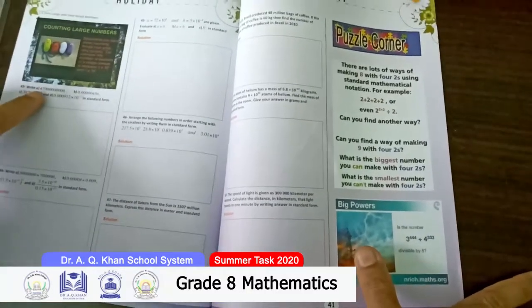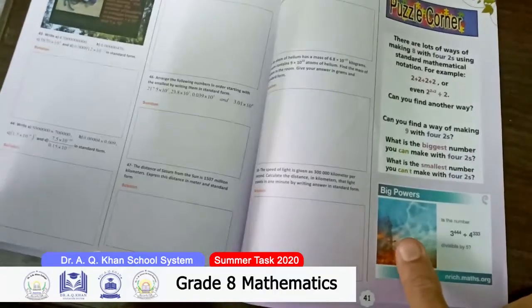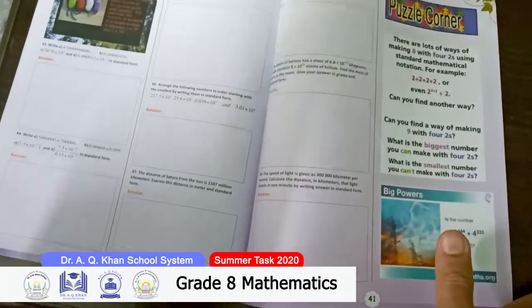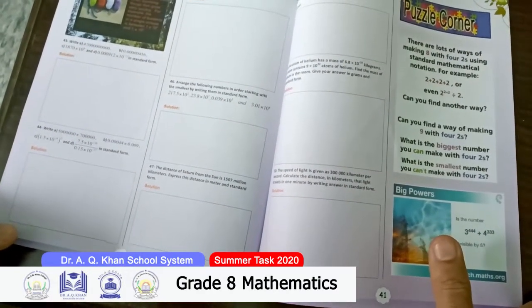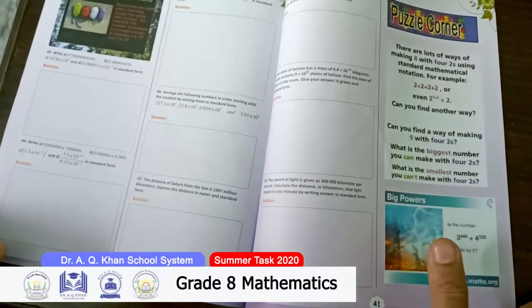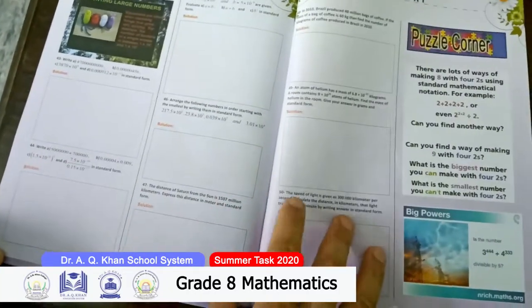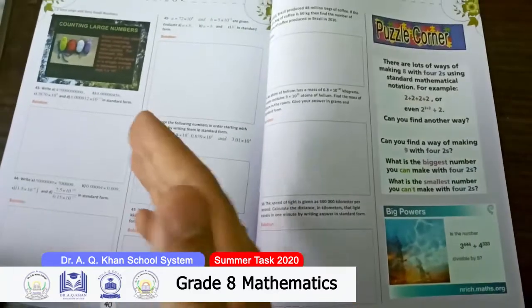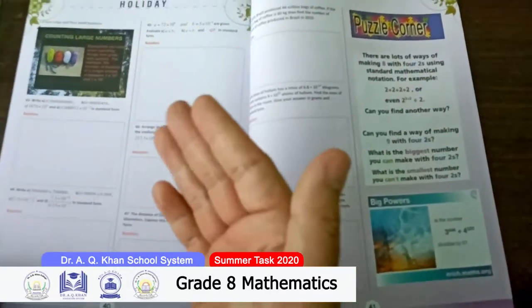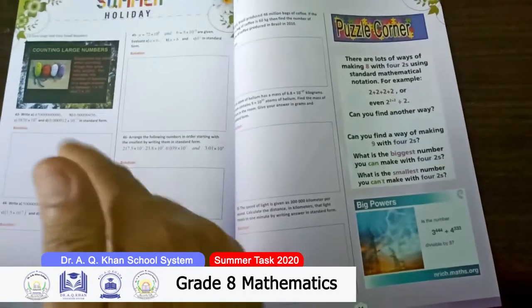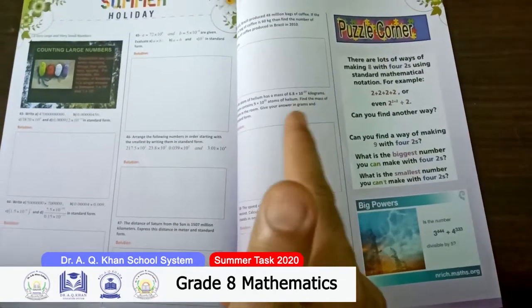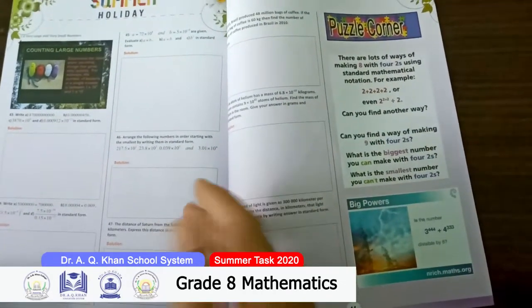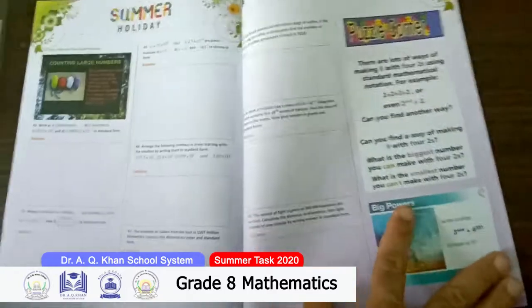If you have been given, for example, a big number and you have to translate it into exponent formula, you can count the zeros and write it in the exponent form. For example, if you have been given 10,000, that means 1 multiplied by 10 raised to power 4, that is the simple exponent form of that 10,000 figure.